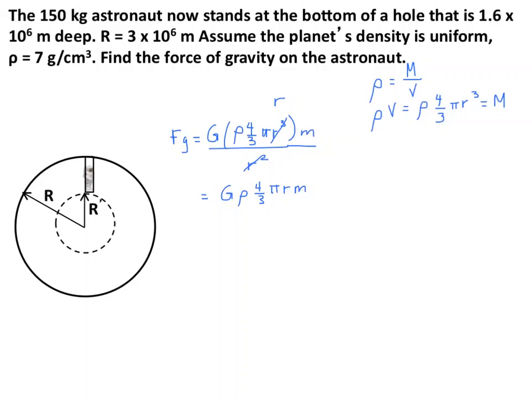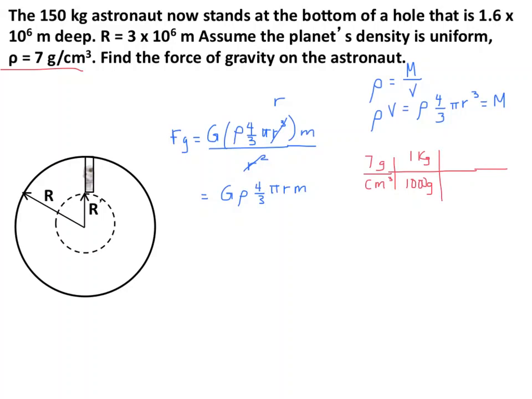Now, the last thing you need to do before plugging in your numbers is solving for rho. We're given rho, but it's in grams per centimeters cubed, and we know that we have to work in kilograms and meters. So if we have 7 grams per centimeter cubed, we can convert that to 1,000 grams per kilogram.